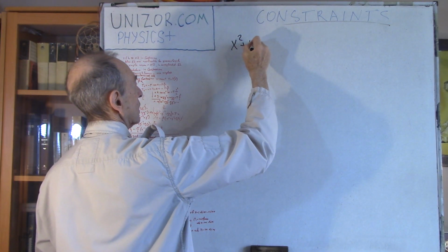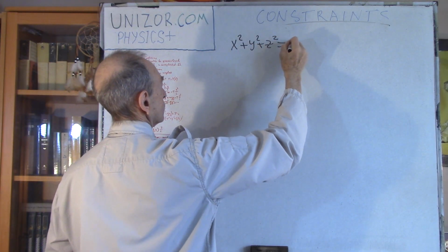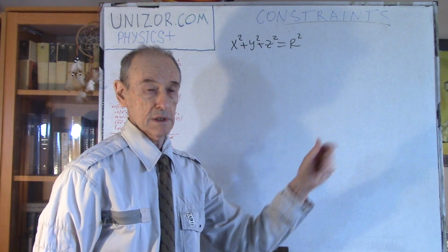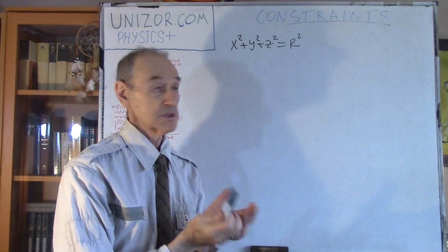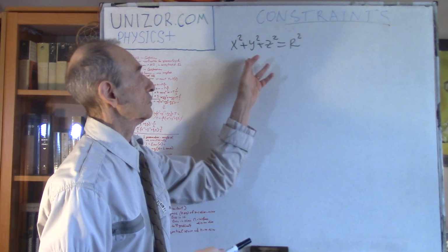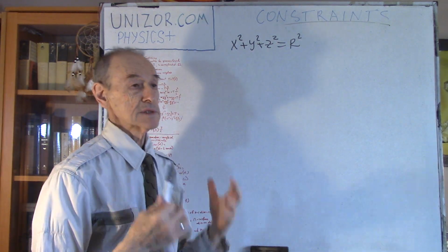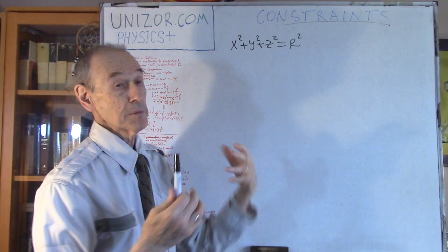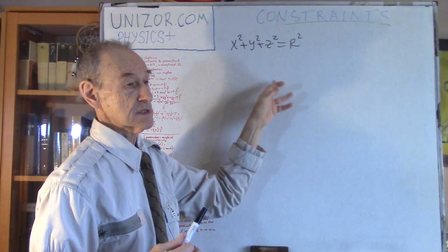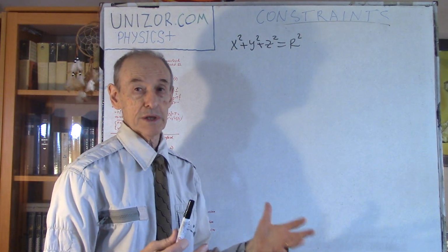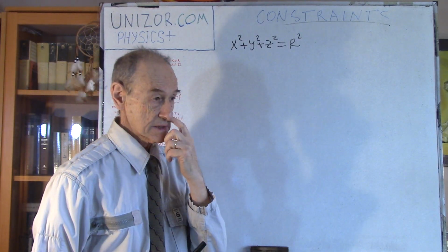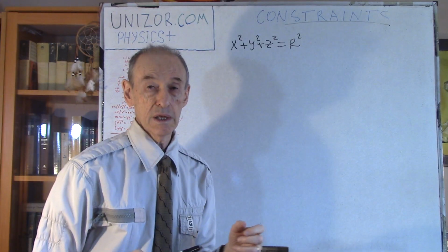Let's say it's x squared plus y squared plus z squared is equal to r squared. So we are talking about Cartesian coordinates x, y, and z, and a concrete constraint. This constraint means that the movement of this point mass is supposed to be only on the surface of this sphere. This is an equation of a sphere in the three-dimensional case, so the point is supposed to be on the surface of this sphere.